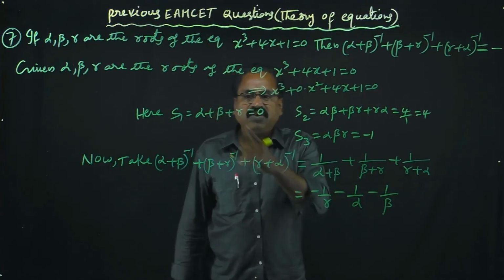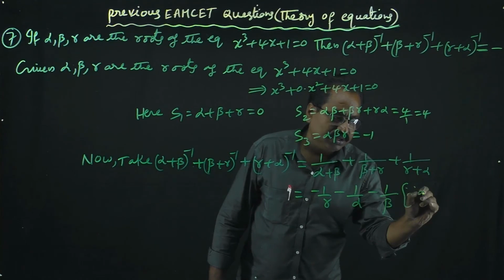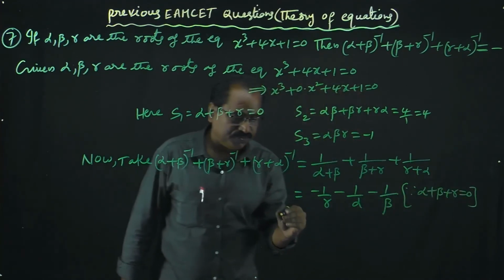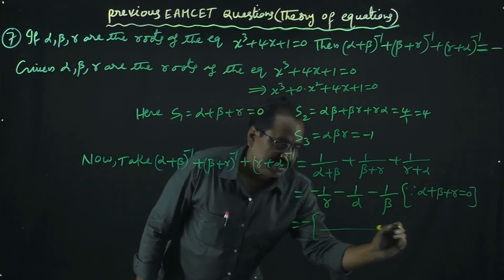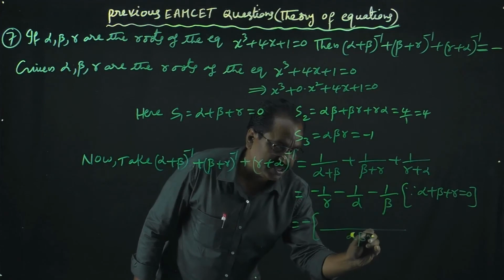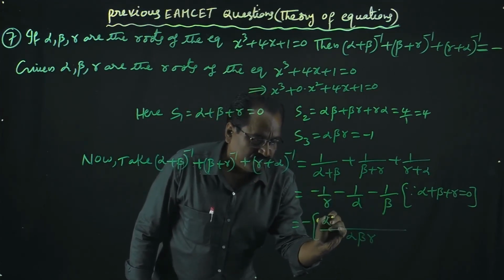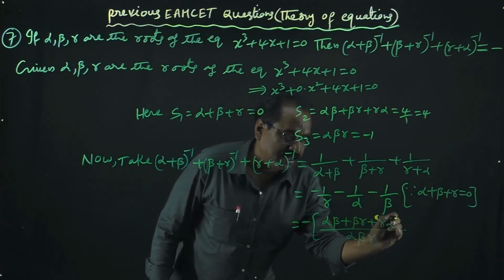Here minus is a common factor and the LCM is alpha beta gamma, so we get alpha beta plus beta gamma plus gamma alpha.